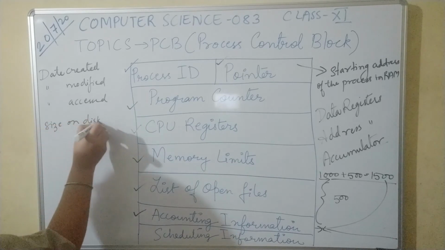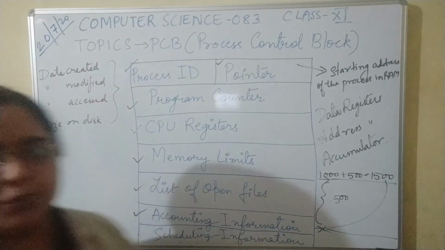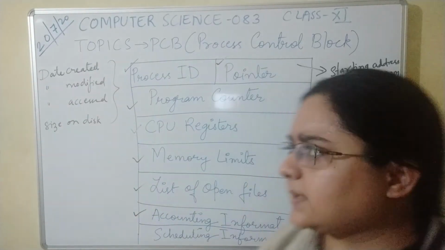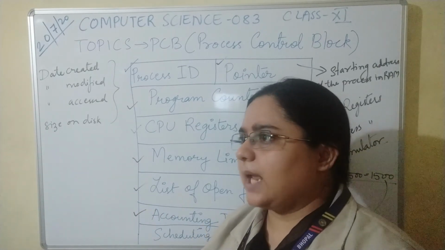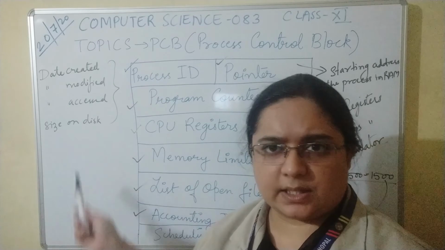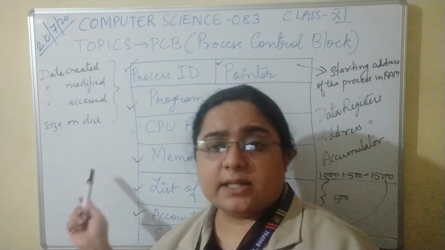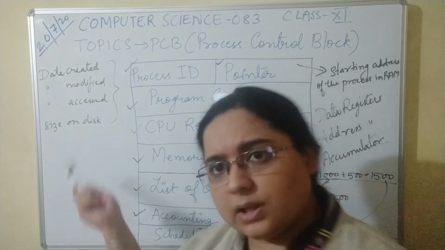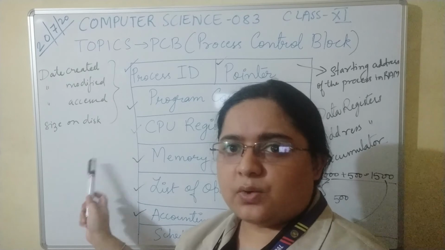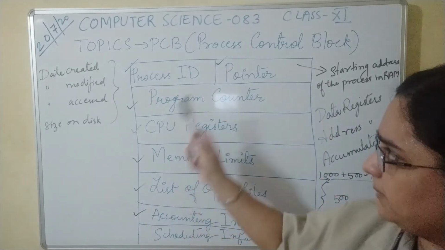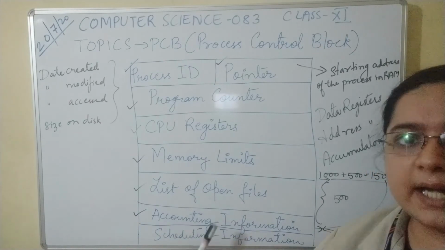Understood? All these types of data you find. Along with this, its complete address, its location, and any other information regarding its security, like if you have an antivirus software installed, whether it contains any malicious code or not, all that information is provided over here. So what you can see is any accounting information related to your process.